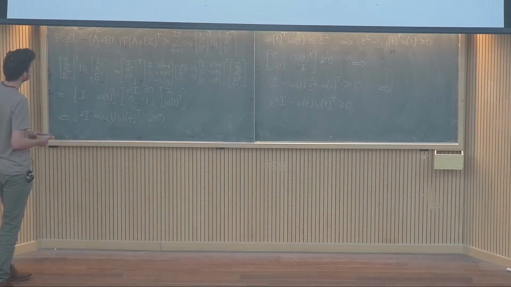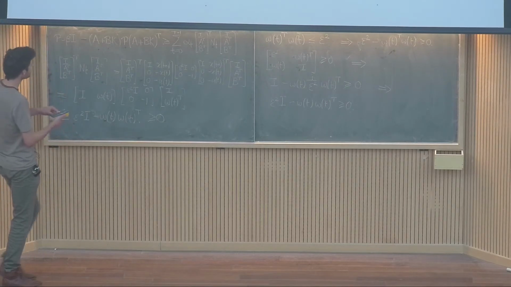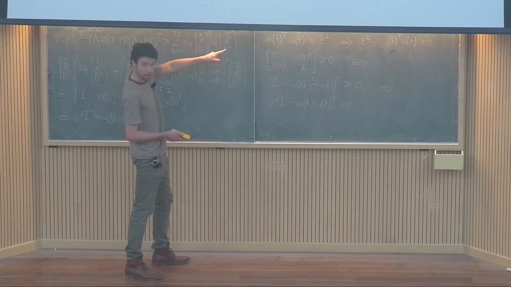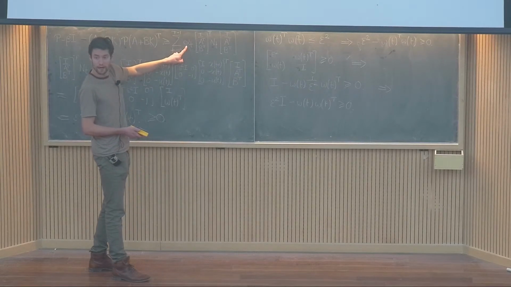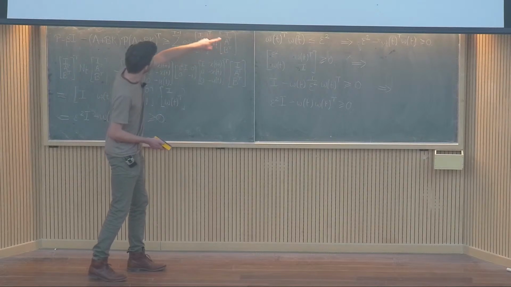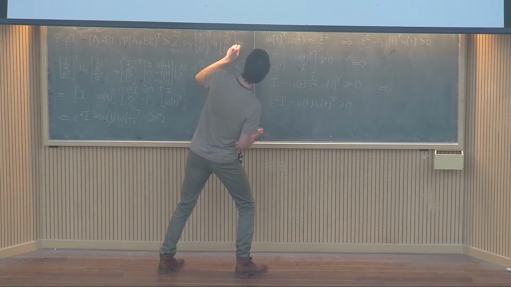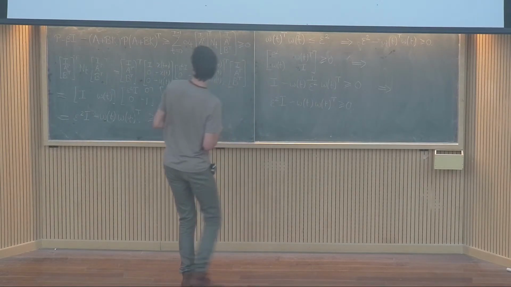Right? Okay, let's backtrack then. That means that this matrix over here is positive semi-definite. All the alphas are greater or equal to 0, which means that the sum that you see over here is positive semi-definite.